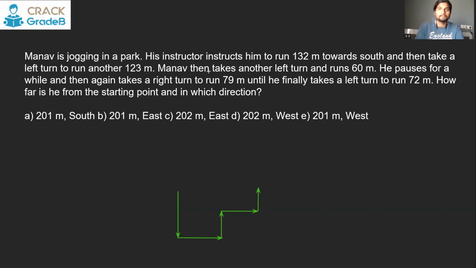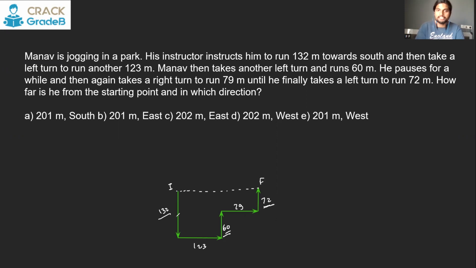Now you know these distances first. It was 132. Then it was 123. Then it was 60. Then it was 79. And finally it was 72. So 60 plus 72 being 132, he is going to be in line with the initial position. If this was the initial position, this is the final position.